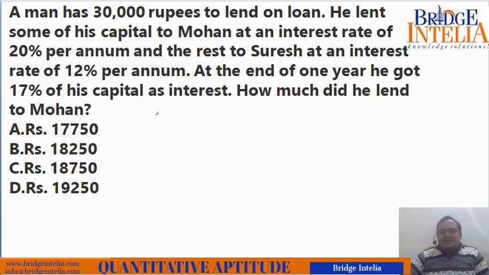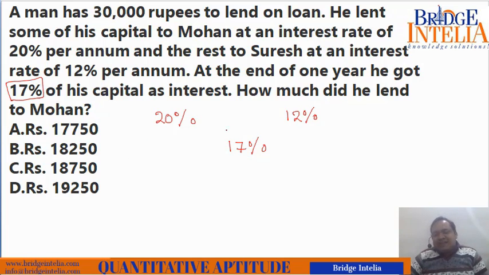So to one person he is lending at the rate of 20%, to the other he lends at the rate of 12%. So finally he noticed that overall he has earned an interest at the rate of 17%. That is the result.